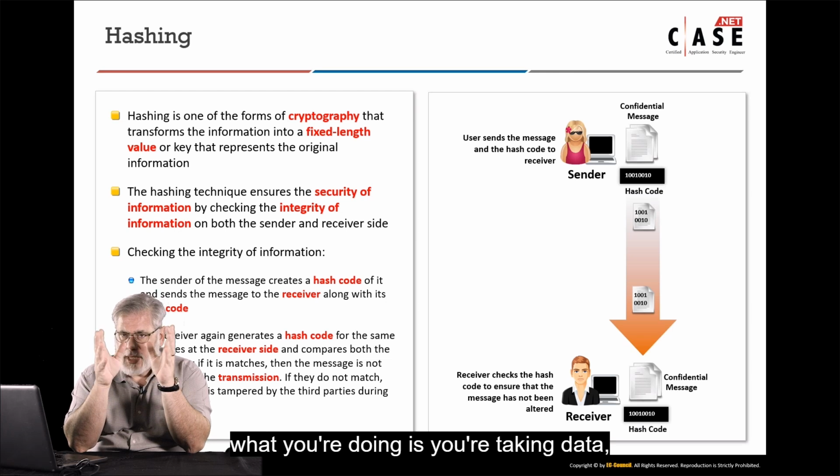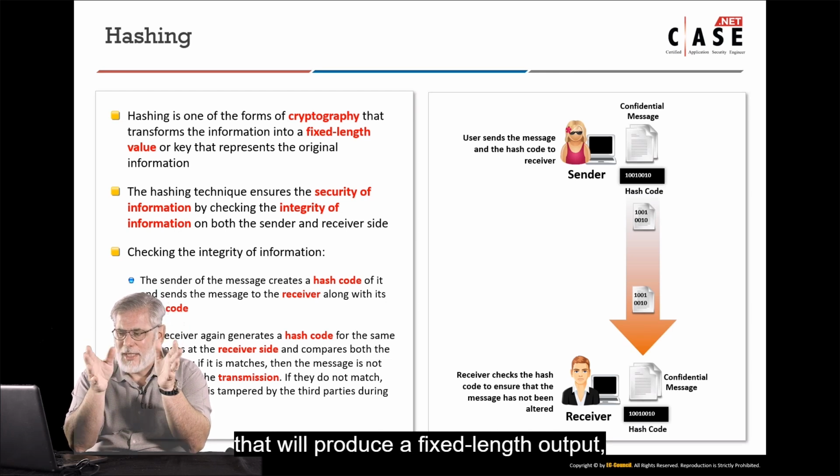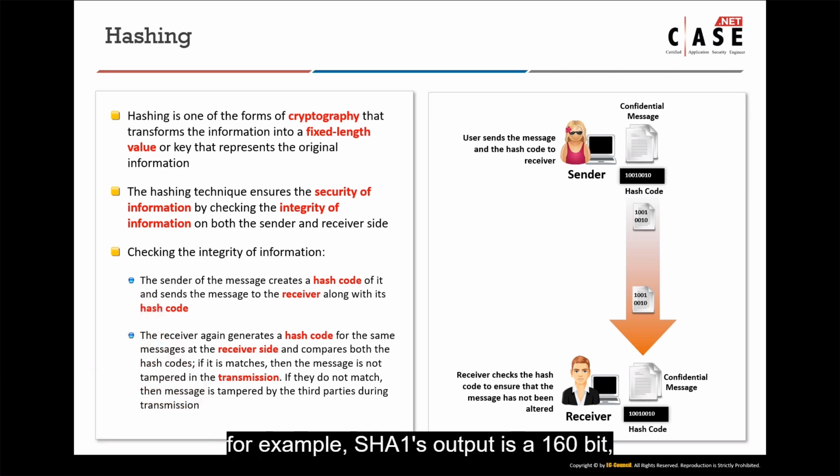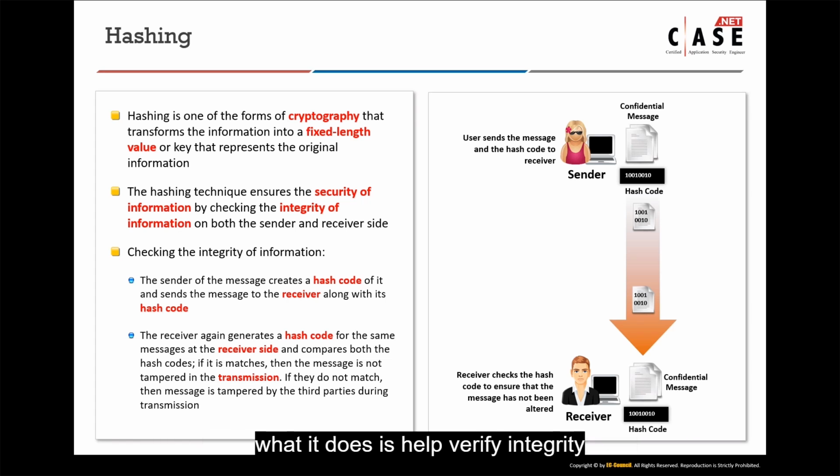What you're doing is you're taking data, you're putting it through an algorithm that will produce a fixed length output. For example, SHA-1's output is 160-bit. Doesn't matter if you put a single letter in there or you put thousands of pages in there, you get a 160-bit output. Nothing in hashing prevents any confidentiality attacks. What it does is help verify integrity.